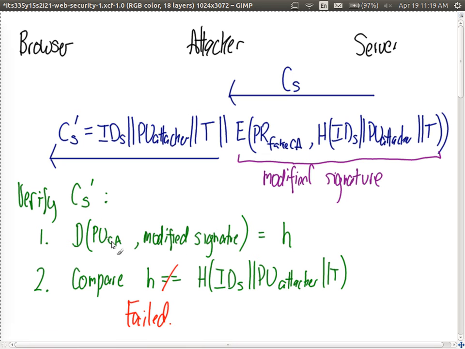Because the wrong key was used here. Encrypt with the fake CA's private key, we try to decrypt with the real CA's public key. That produces an output which is different from the original input. Questions on that approach?